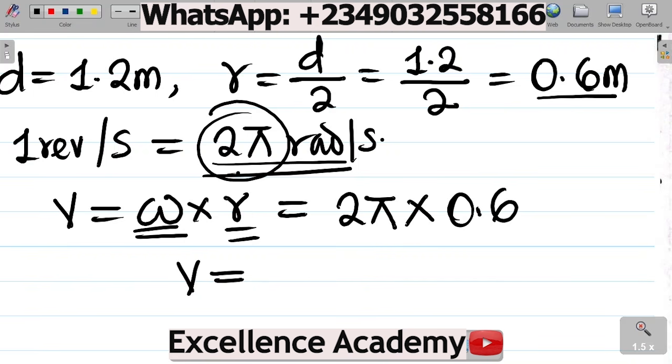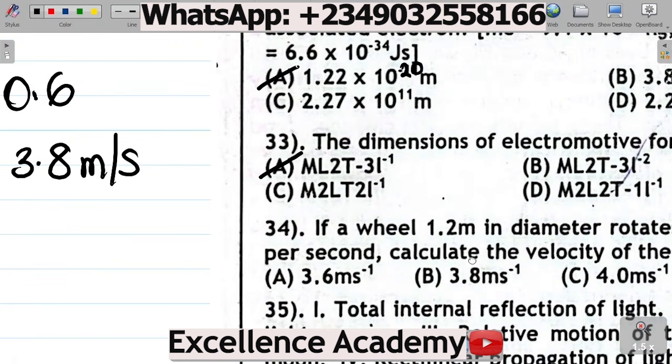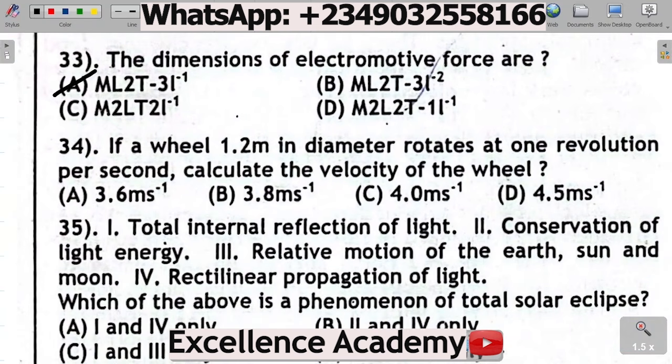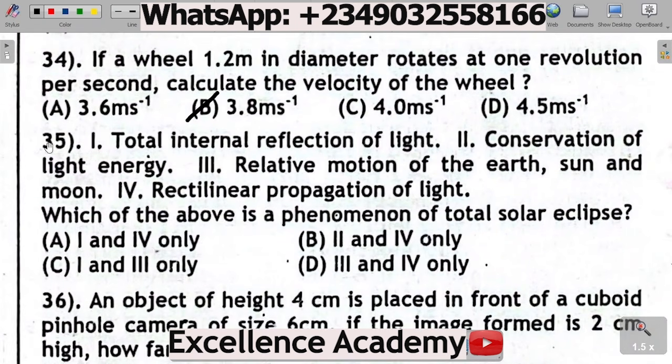If you punch that correctly, your value gives you about 3.769. Convert this to 1 decimal place, you have 3.8 meter per second. So the value of velocity there is 3.8 meter per second. That is B. All right, next up, question number 35.